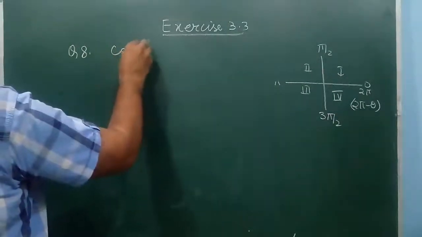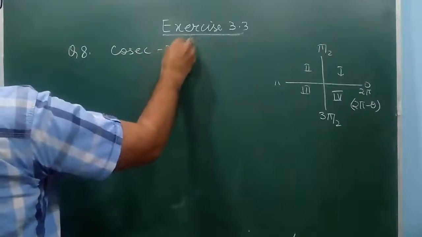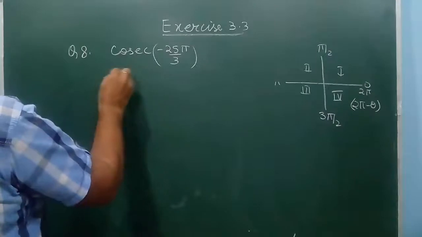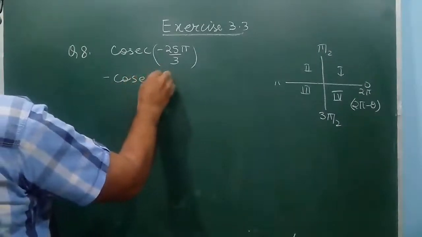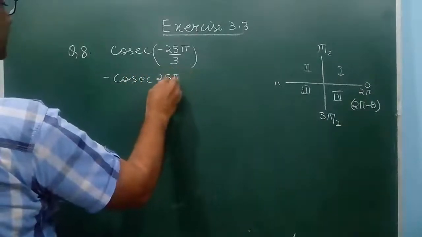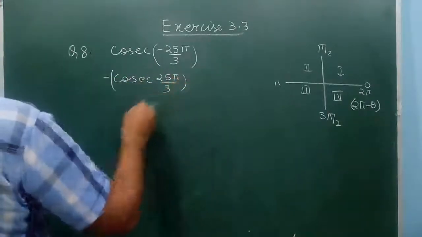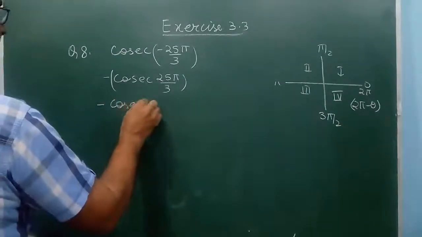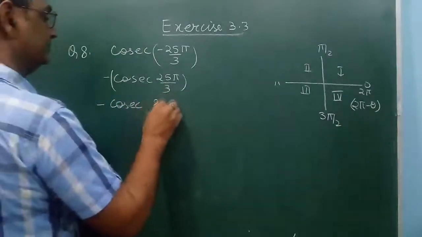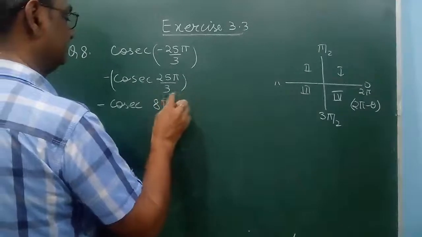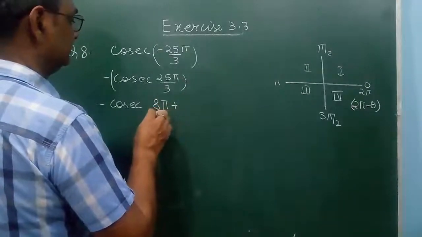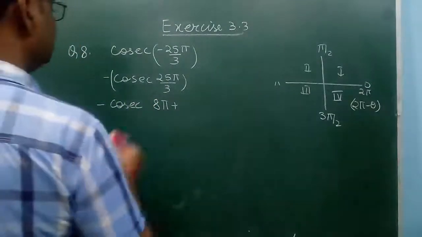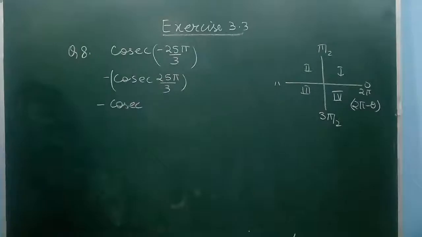Likewise, you can do there cosec minus 25 pi by 3. This is cosec. So minus cosec 25 pi by 3. It is 25 pi by 3.